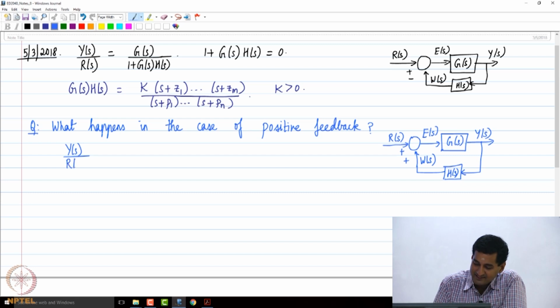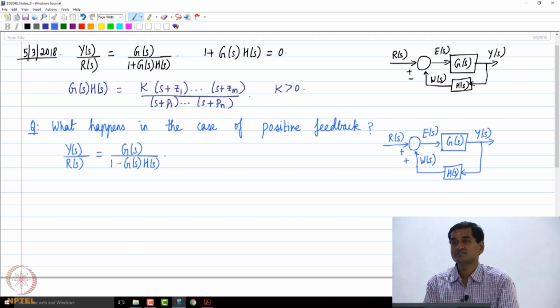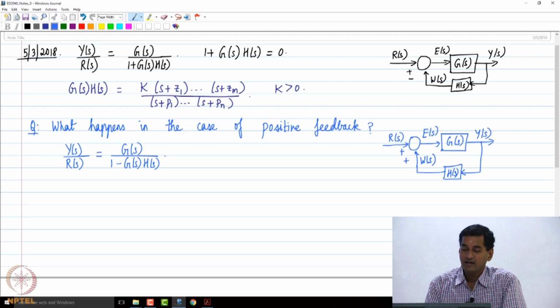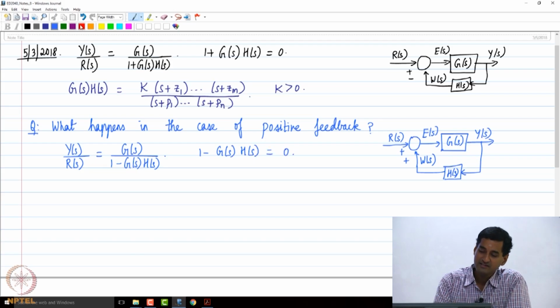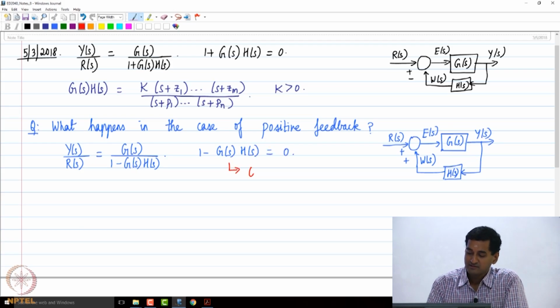In this case, the closed loop transfer function becomes G of s divided by 1 minus G of s H of s. Consequently, the closed loop characteristic polynomial and the closed loop characteristic equation would be 1 minus G of s H of s equals 0.